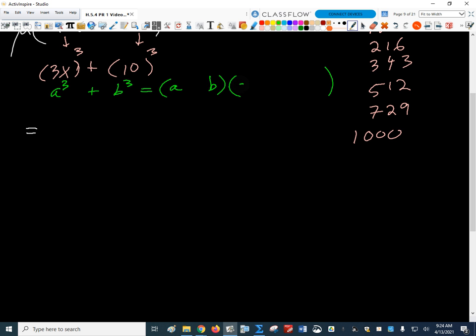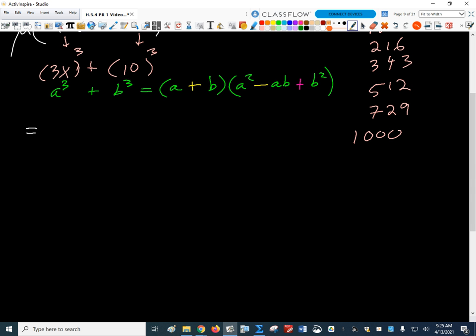The quadratic factor is going to have an a squared, an ab, and a b squared. Now we just got to plug in the operations. So what goes there? Plus, because remember it's same. What goes there? Minus. And what goes there? Plus. That one's always plus, right? So same, opposite, plus, okay?